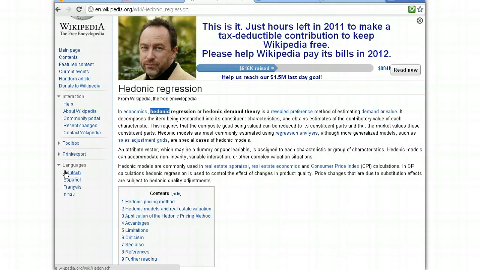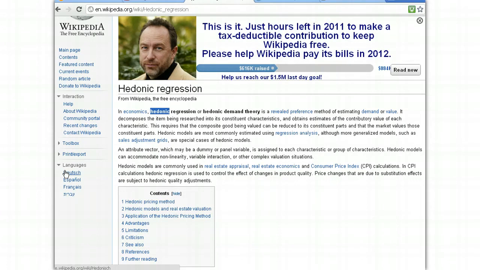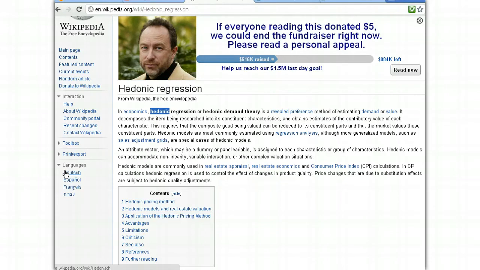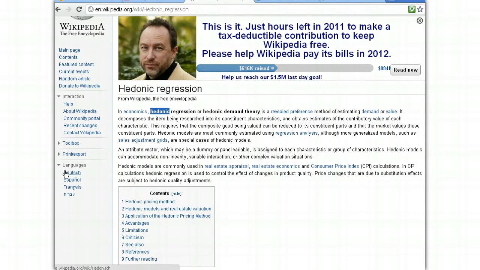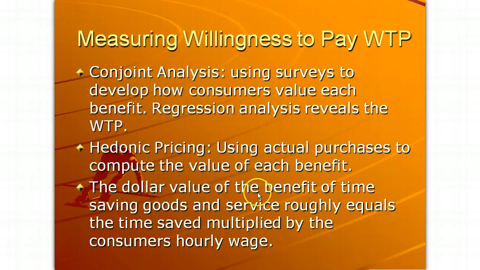It decomposes the item being researched into different characteristics, obtains an estimate of the contribution of each characteristic, and then can also use a regression analysis to gauge the value of these different components. So that's just a brief overview.